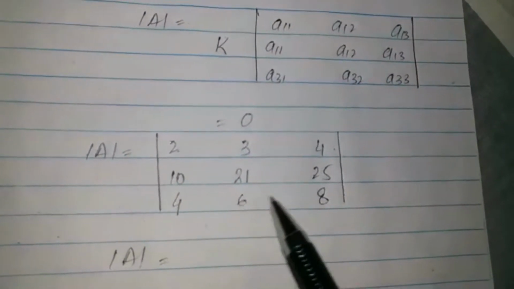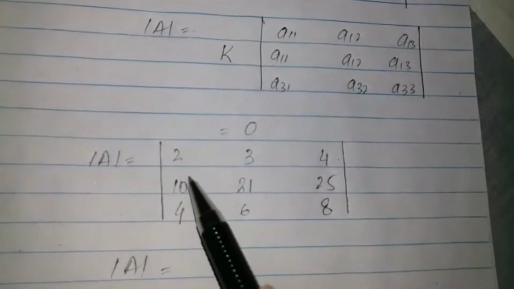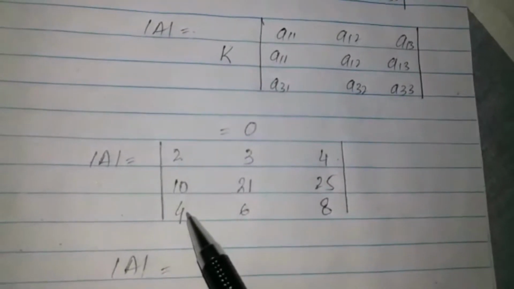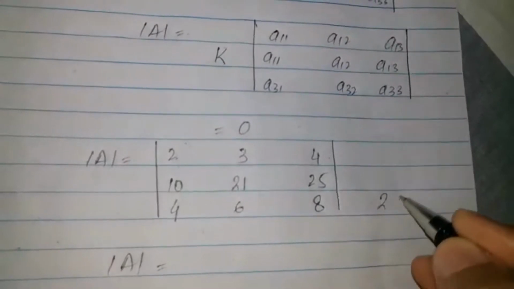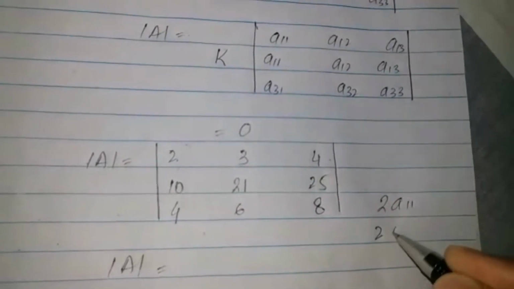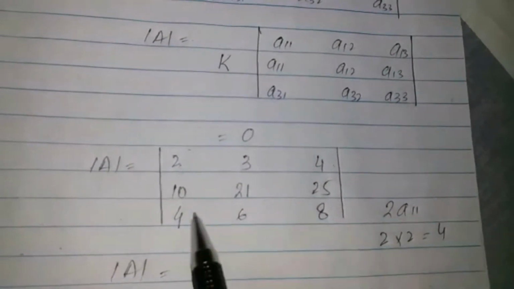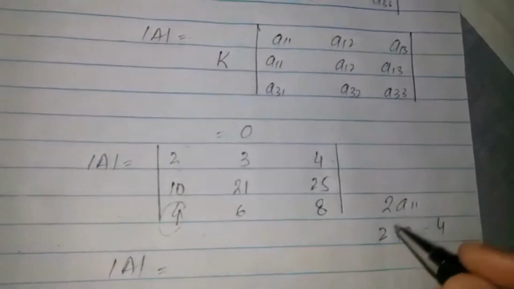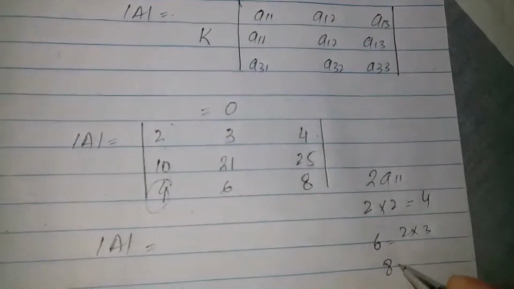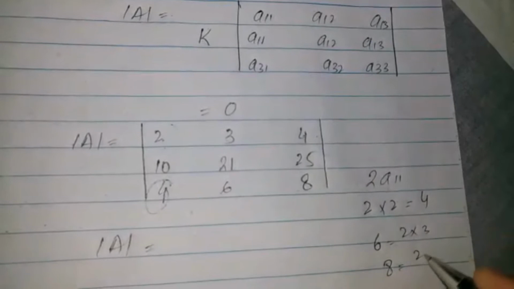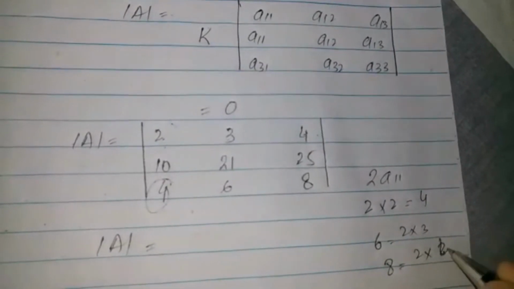Then 4, 6 and 8. We can observe here that this 4 is 2 times of this a11, 2 multiplied by 2 equals 4. Then 2 multiplied by 3 gives this 6. And then 4 multiplied by 2 equals 8.